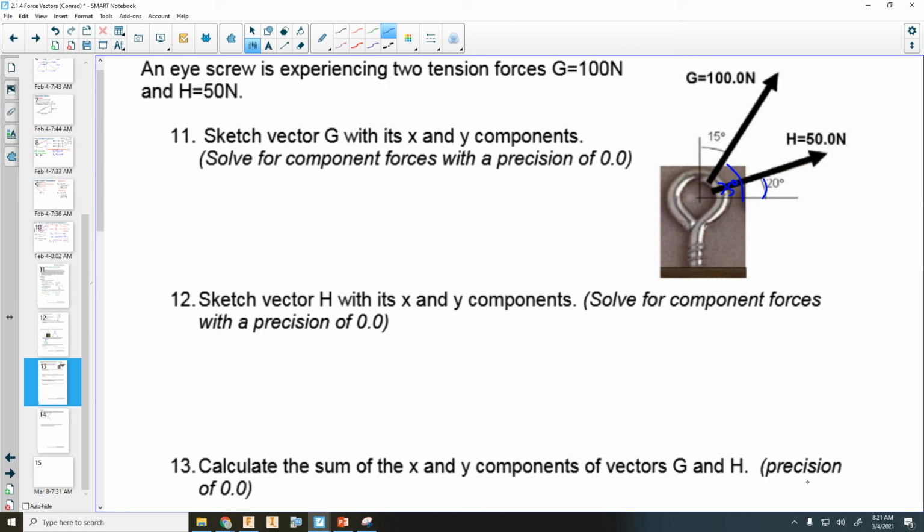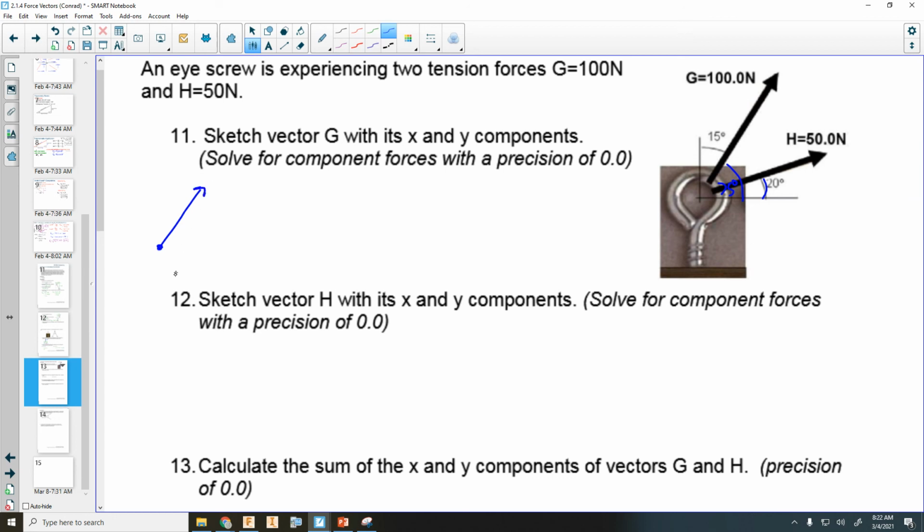So what do you got to do? You know, this is just like the one we did at the beginning from the notes from yesterday. Okay? So break it down. You can draw each of these angles as separate triangles. The sketching vector G is the bigger one, right? So sometimes it helps to draw it as a separate vector.